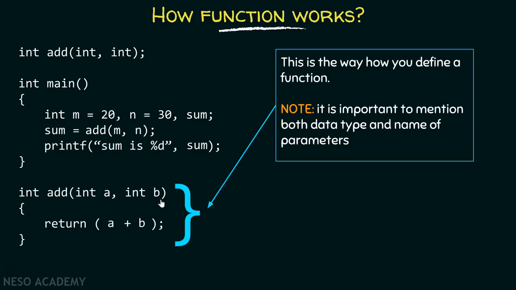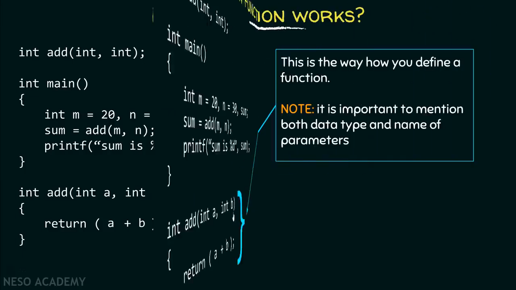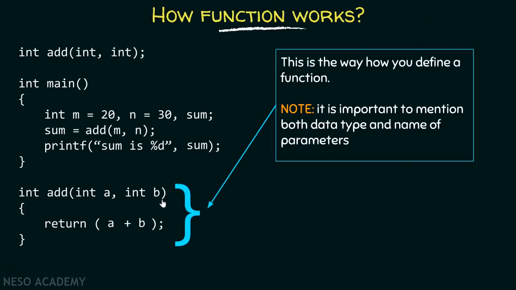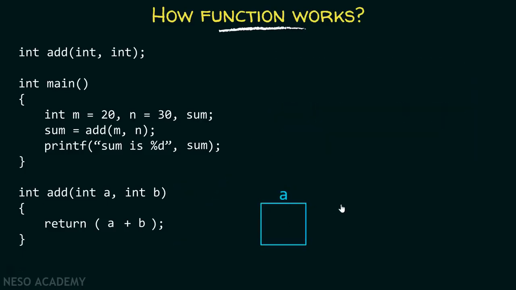That means in the function definition, you should mention everything. You can easily spot the differences between the function definition, the function declaration, as well as when we are calling the function. Now, as I am creating two different variables a and b in this function, I should mention them over here, variable a and variable b. These are the two new variables created by this particular function.